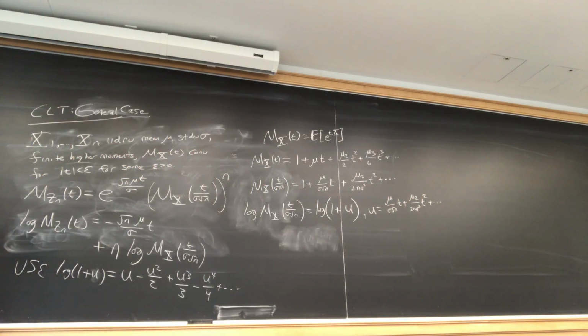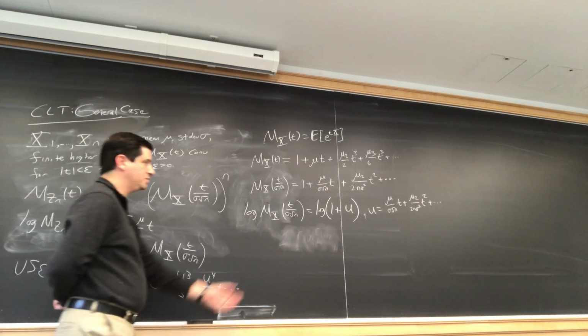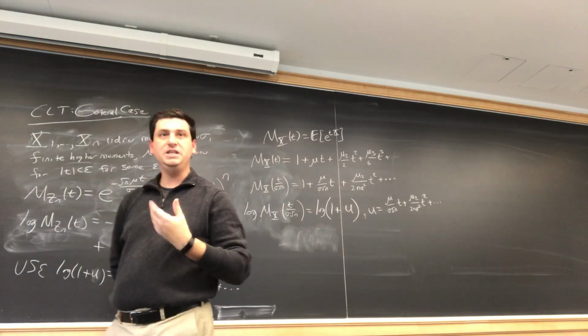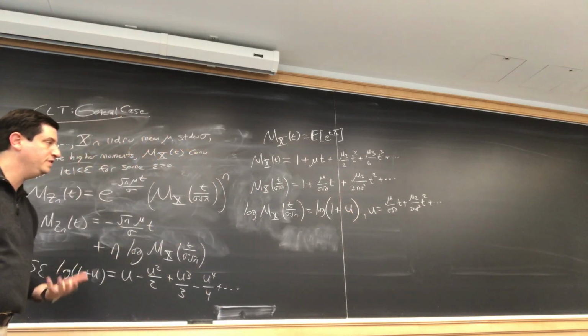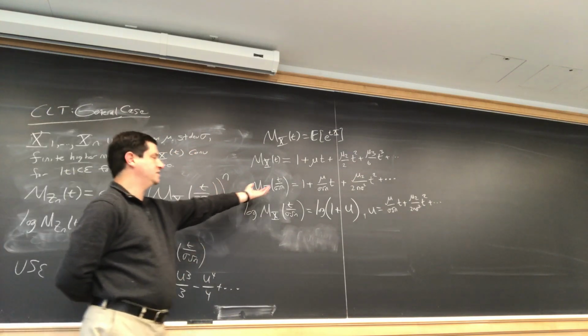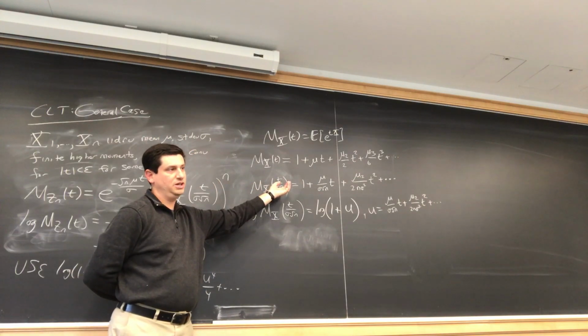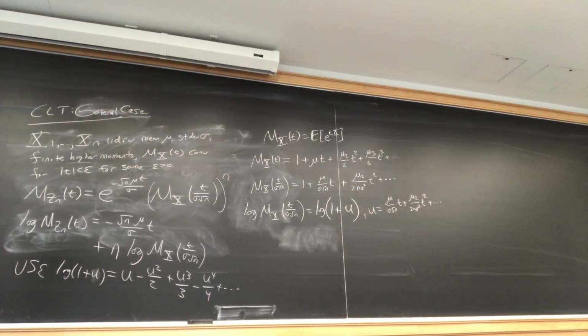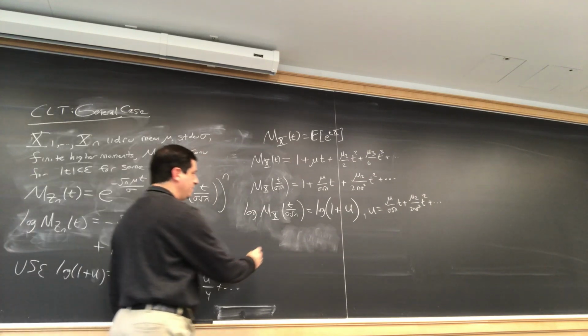So I can now Taylor expand the log of 1 plus u. And the first term when we Taylor expand, there is no constant term. Good, because when t is any fixed number, as n goes to infinity, we're really evaluating this at something very close to 0. And the moment-generating function at 0 should be 1. So the log of 1 should be 0. So the first term we get is 0. Excellent.